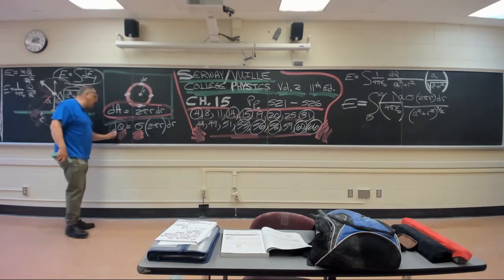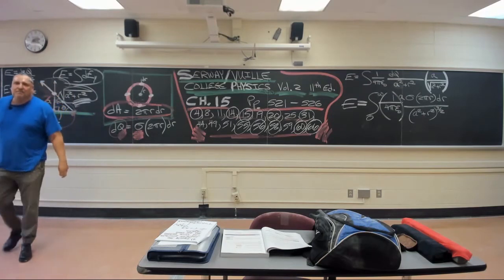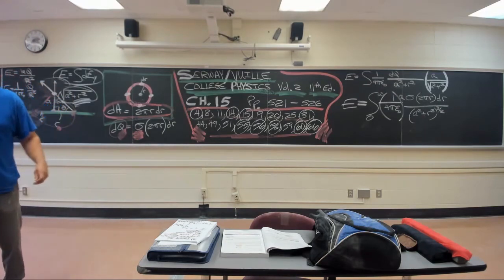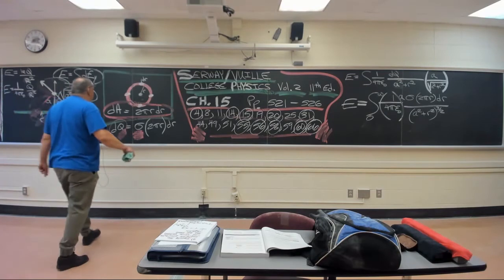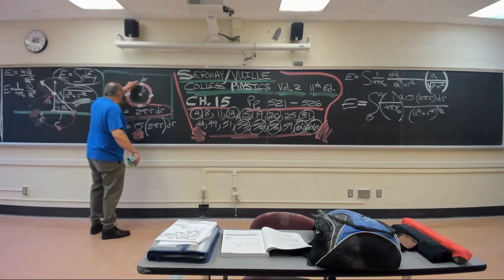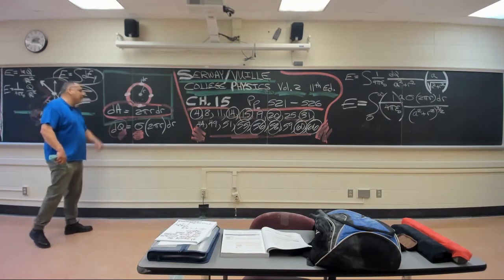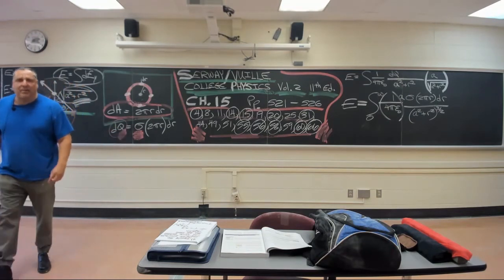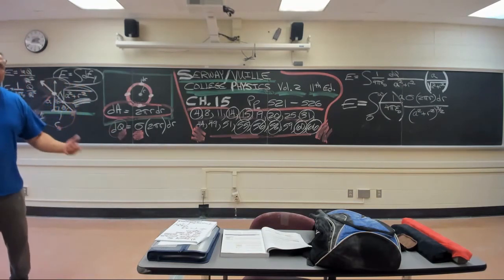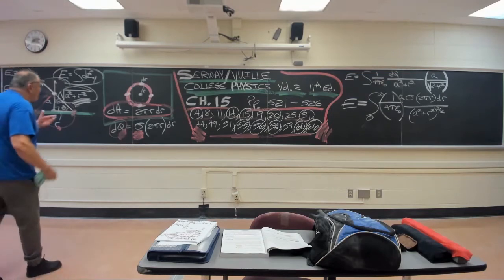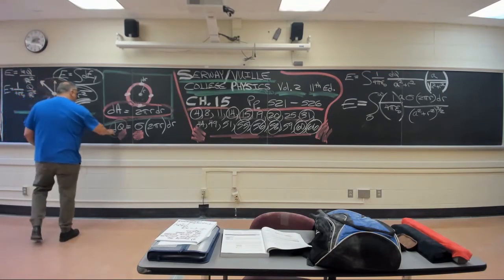You add all the small dq's, you get the big dq. Small dq, small dq, small dq, small dq, and you put them all together, you get big dq. Okay, not the most mathematically rigorous way to conduct a discussion regarding that, but I'm just trying to give you an idea of what's happening here.